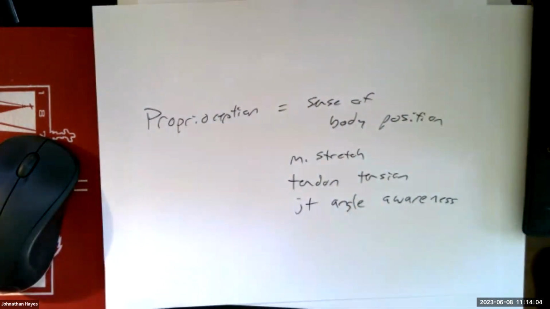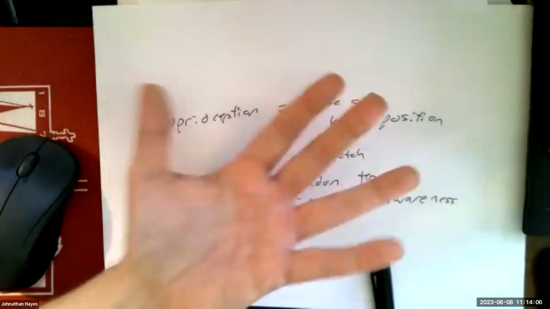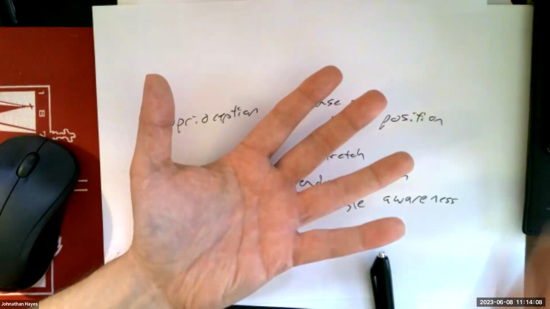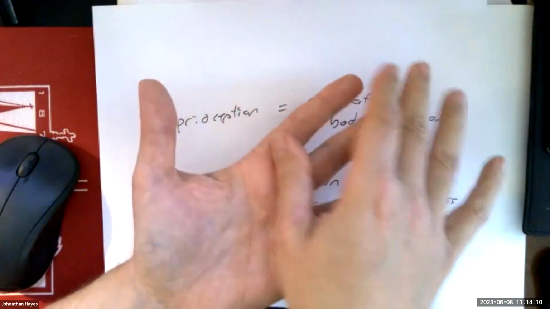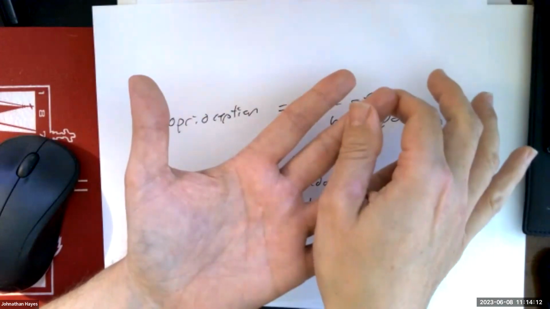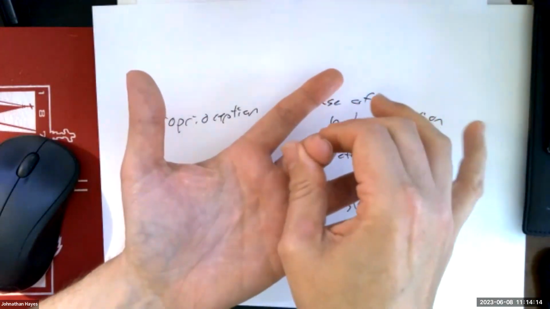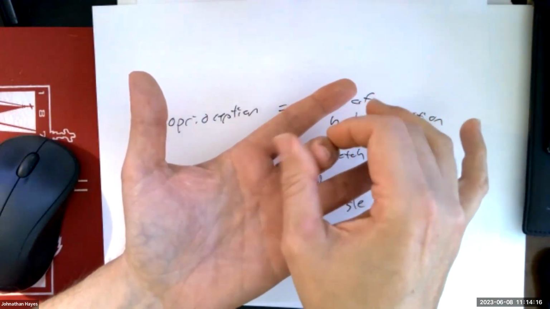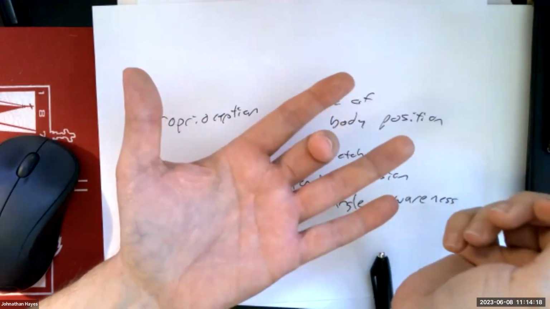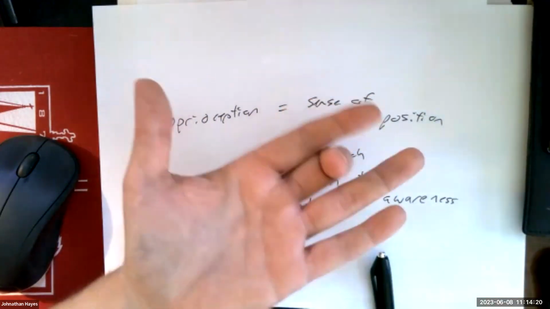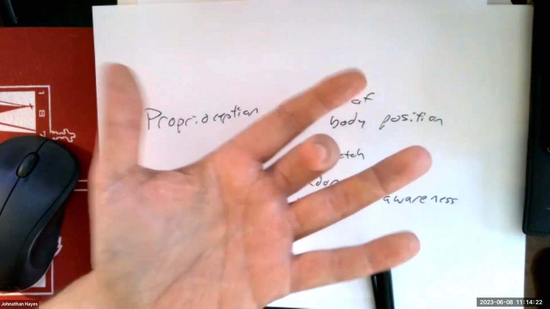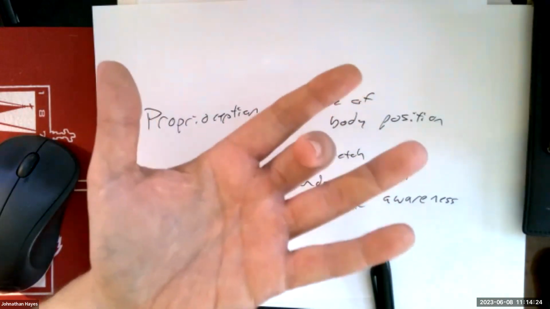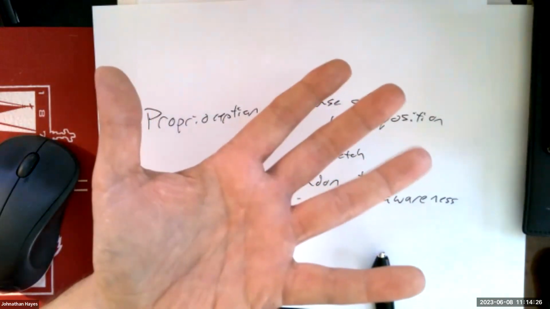So for example, if my eyes are closed and a physician manipulates one of my fingers, he might say, what finger did I move and what position is it facing in? My middle finger is pointing up, right? So if I can feel that, that's proprioception, the sense of where my body is in space without me having to look at it.